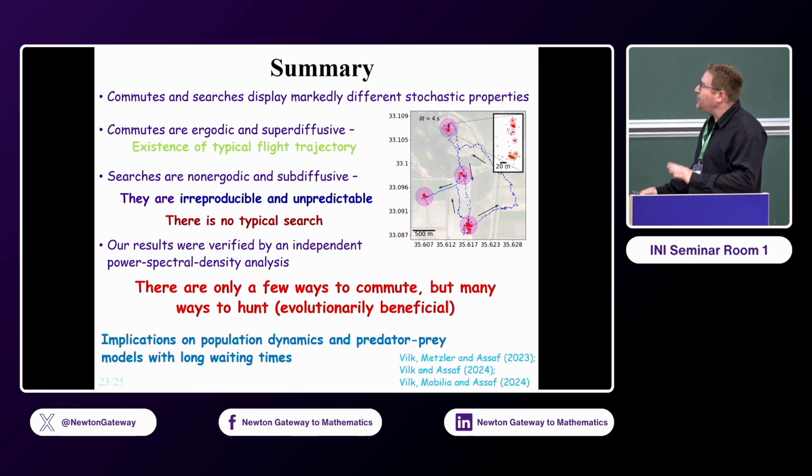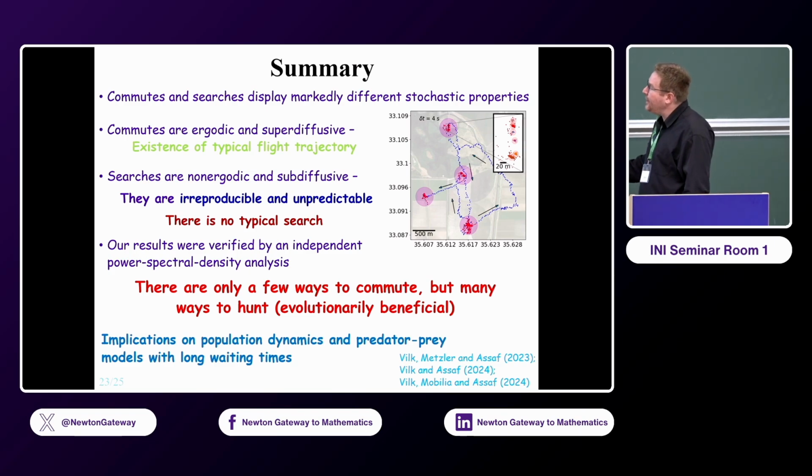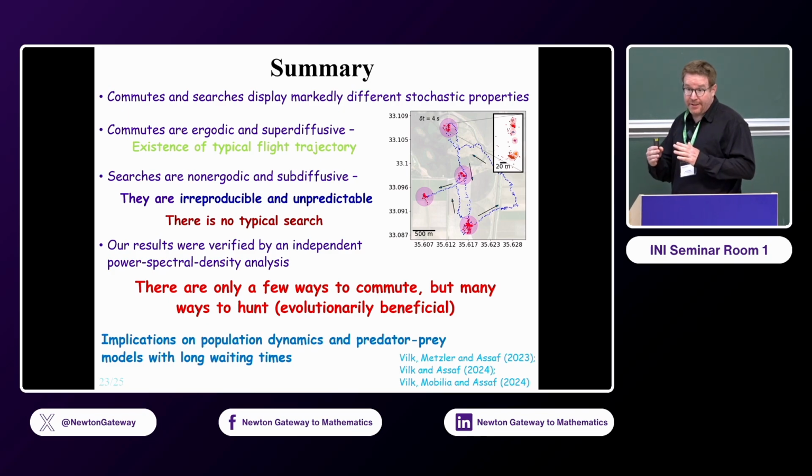And finally, I'm not going to talk about this because I'm out of time, but we have some recent works on the implications of this for population dynamics, basically with long waiting times. So imagine that you have a predator-prey model or some other model of rock, paper, scissors, where the interactions occur with a waiting time distribution which has a diverging mean or very wide tail.